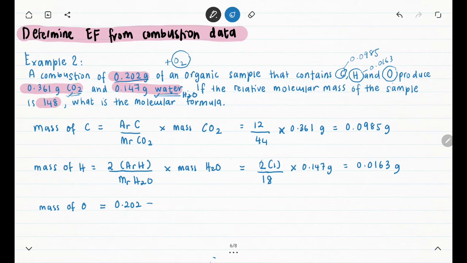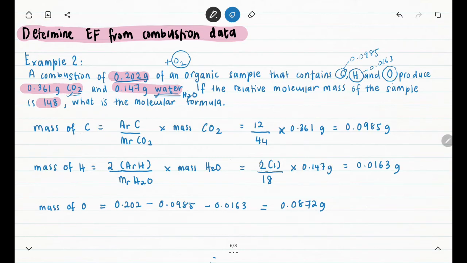So 0.202 minus 0.0985 minus 0.0163 equals 0.0872 gram. Right now we have calculated the mass of carbon, hydrogen and oxygen.